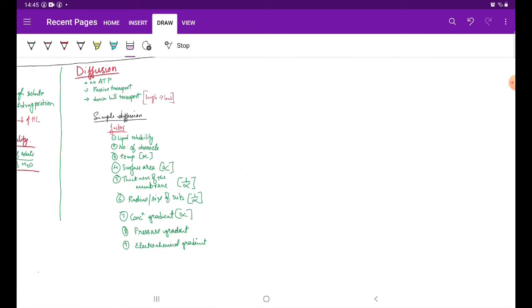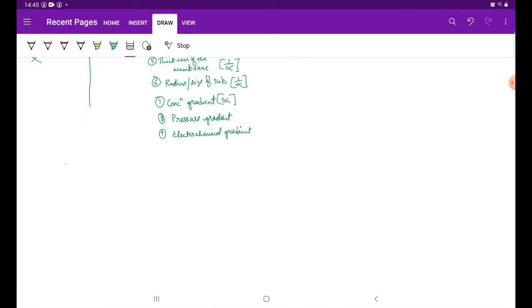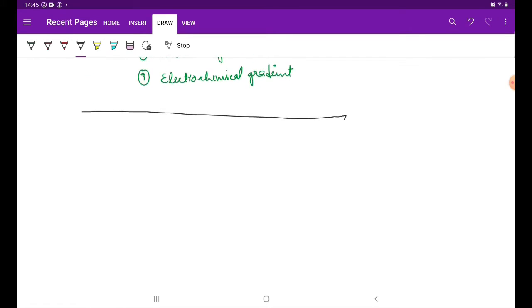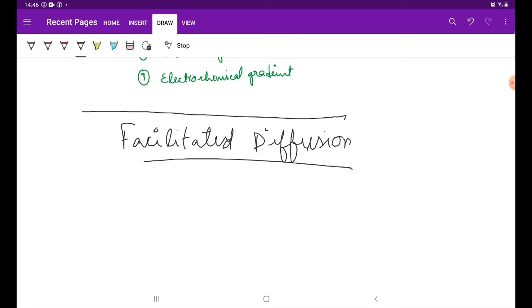Now we will talk about facilitated diffusion. Okay, facilitated diffusion. So in this facilitated diffusion, ATP is not used, no ATP, and it's also a downhill transport.